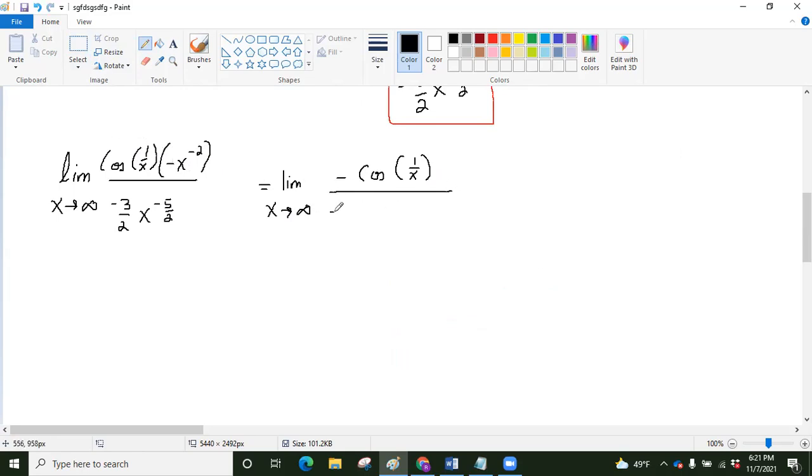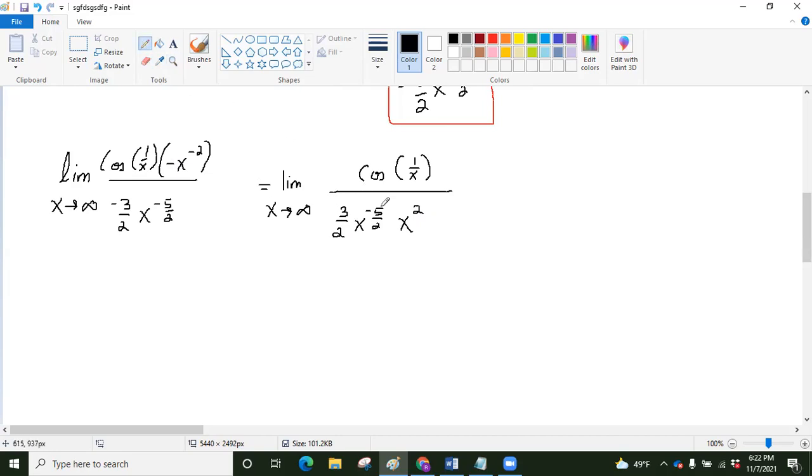And then I could have negative 3 over 2 x to the negative 5 over 2. And since I'm bringing this x to the negative 2 to the bottom, I'm going to flip the exponent and say that this is x to the 2, or x squared. And the immediate thing that I noticed there is that these negatives sort of cancel out, so I don't have to necessarily worry about them.